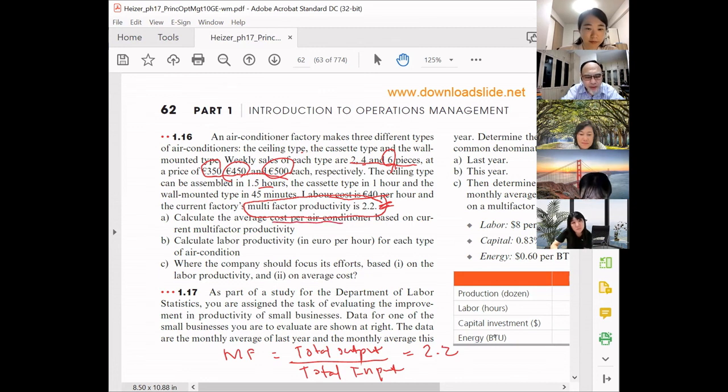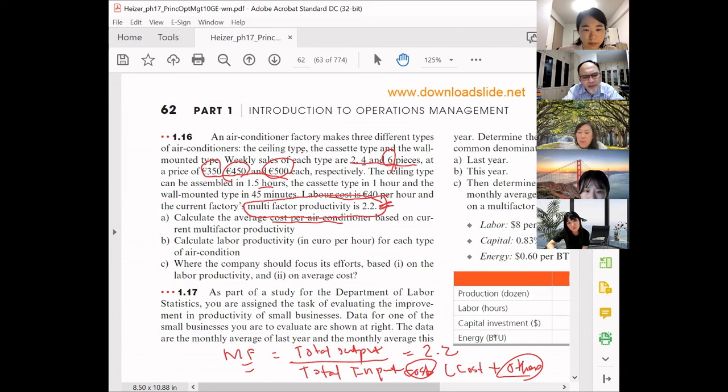And then, this is the average cost. Because cost here is the cost of producing, but we only know labor cost. We don't know the others, because multi-factor is labor plus overhead plus capital and so on, and it must be in the same unit, euro per euro. Labor you can calculate, because ceiling time is 1.5 hours per unit.